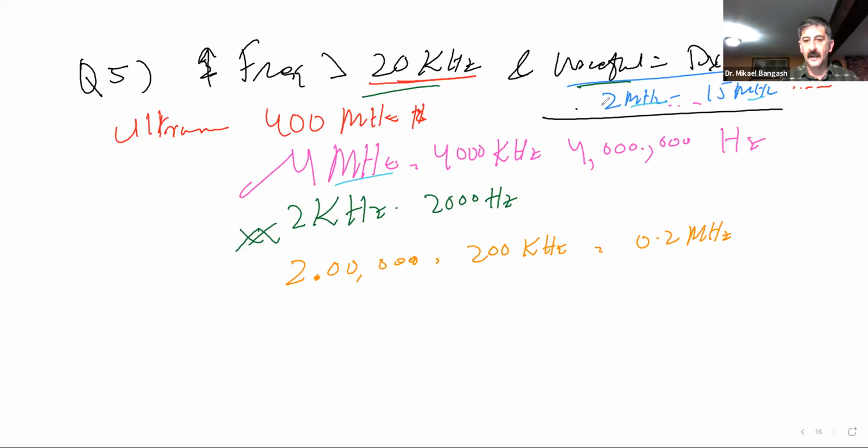So it's 1/10 of the lower limit for a sound to be used in diagnostic sonography. But it still fulfills the criteria of being greater than 20 kilohertz. Did you guys get that? Got it.